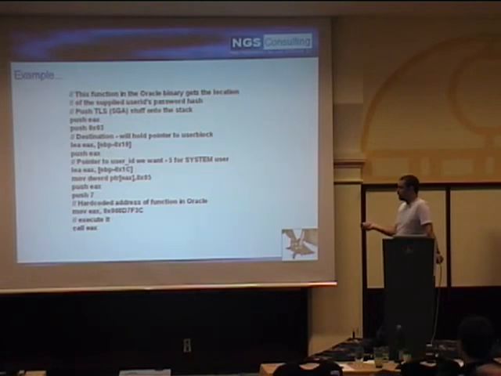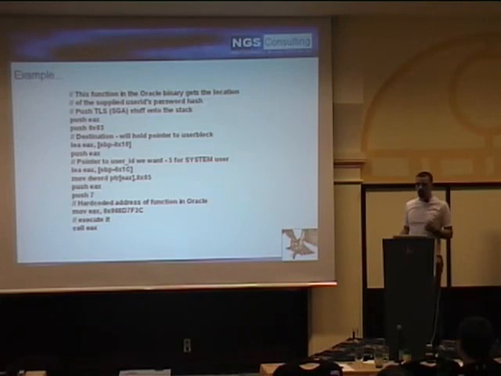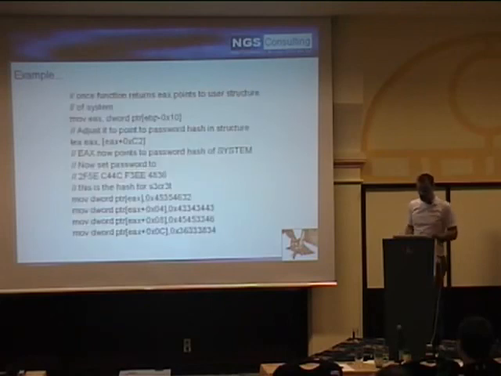Now, I got this address by disassembling the authentication procedures essentially, and looked at what it did and thought, well, actually, wait a minute, we can hook into that and basically manipulate the password hashes. So once we call EAX, we should have a pointer back to the user structure for the system user.